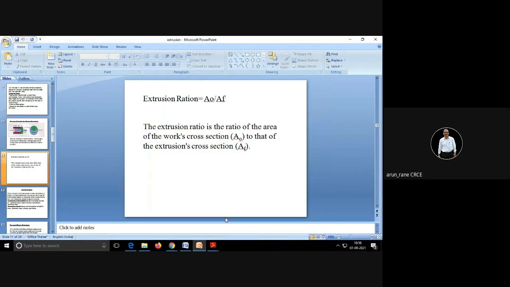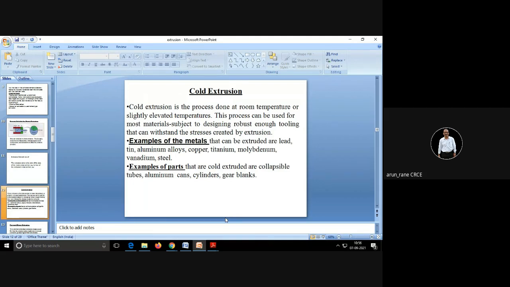What kind of pressures and what kind of presses will be required, what should be the capacity of the press, depends on this. So this is the most important KPI, key performance indicator, that is the extrusion ratio.